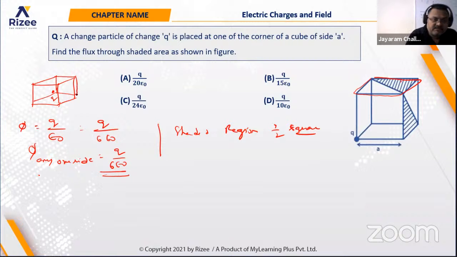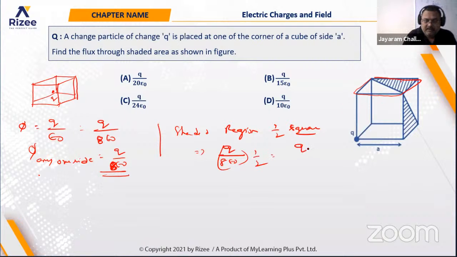How many sides will there be for this particular cube? 8 sides. So Q by 8 epsilon naught for each side, and in that one, only half is coming through the shaded region. So how much should it be? Q by 8 epsilon naught, half is emerging from this side.